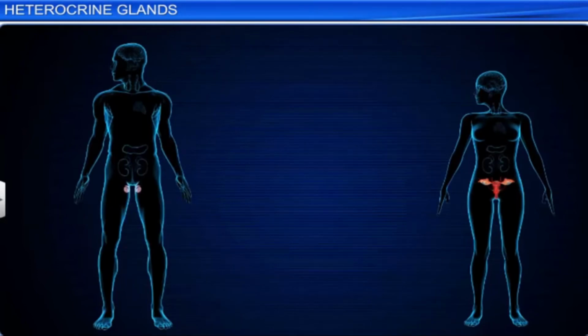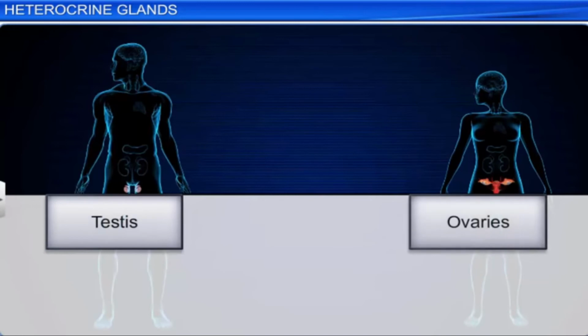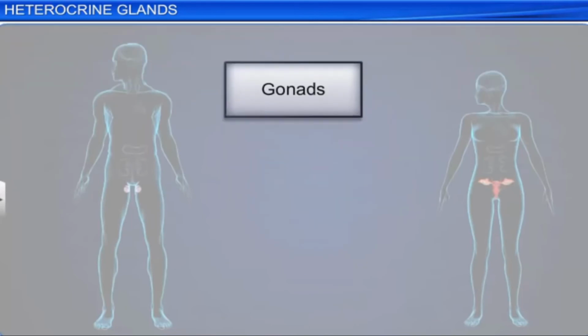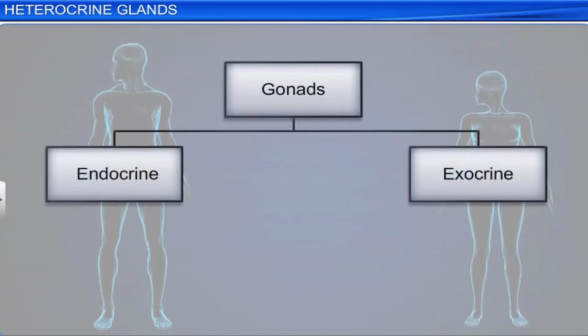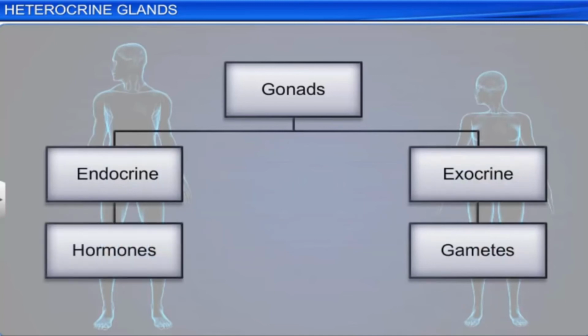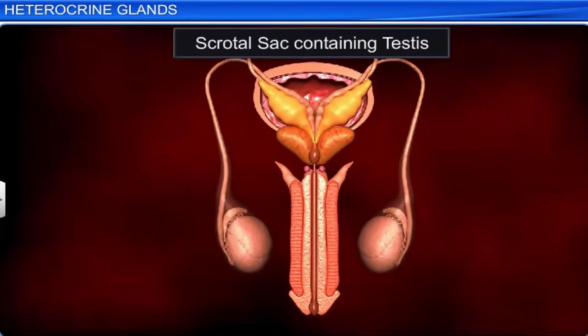The male and female primary sex organs, the testes and ovaries, are other examples of heterocrine glands. They are also known as the gonads. The exocrine part of these gonads produces gametes, while the endocrine part secretes hormones. A pair of testes is present in the scrotal sac of males.